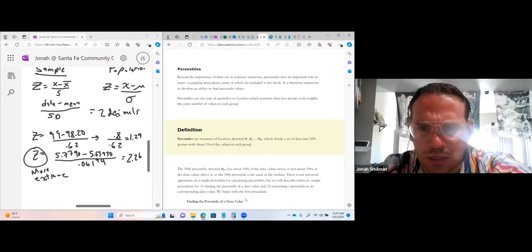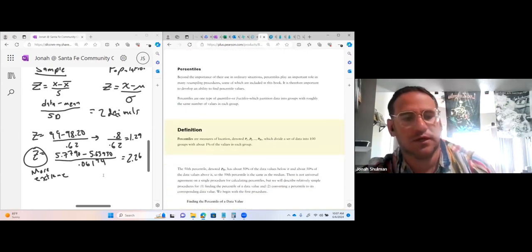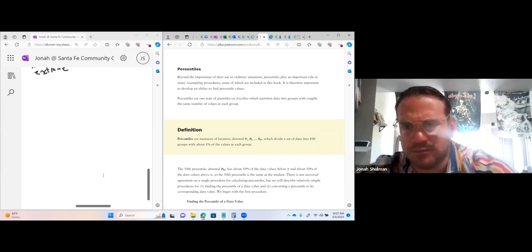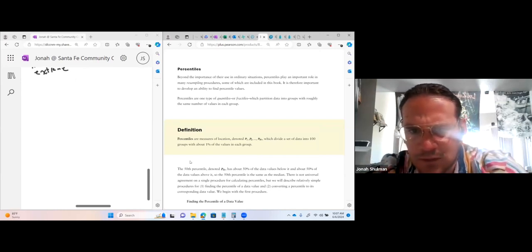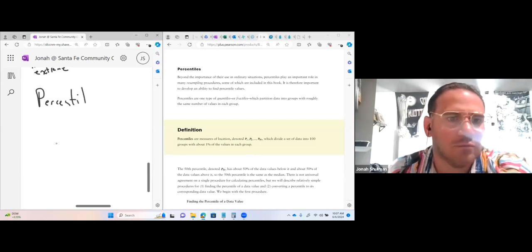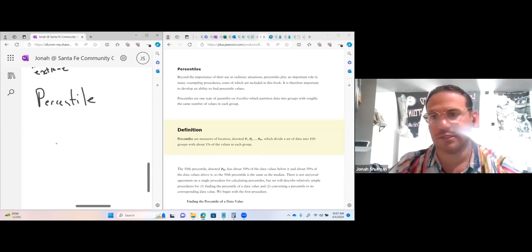What else we got? Okay, a percentile. Percentiles are the measure of location, which divide a set of data into 100 groups with about 1% of values in each group. Percentile scores, people confuse these a lot, like "I score above or below this percentile."